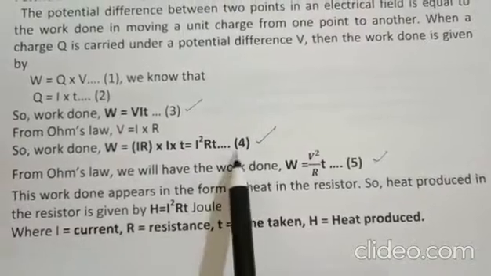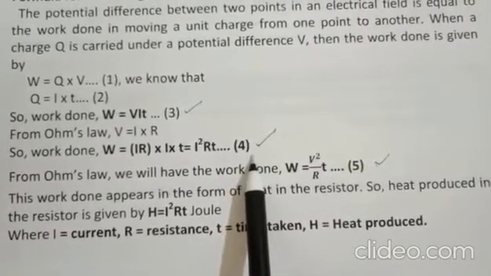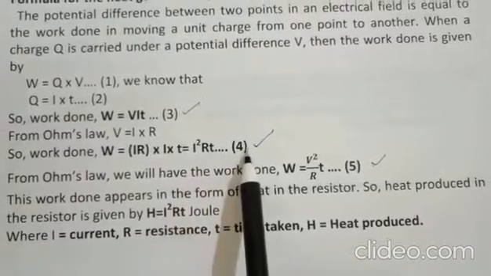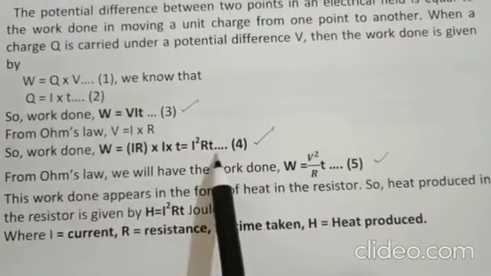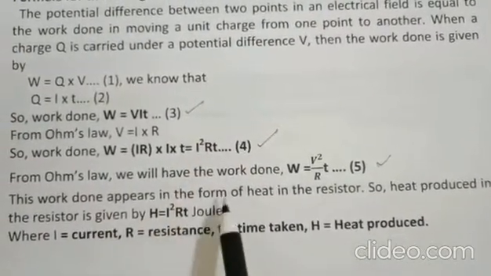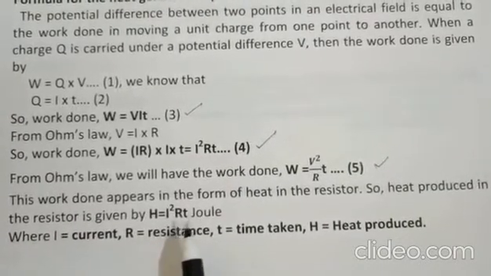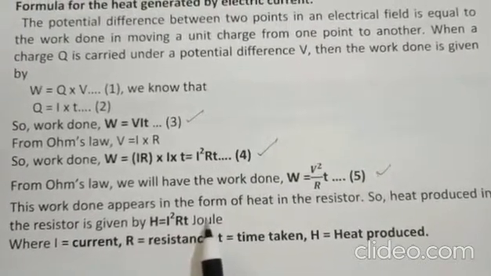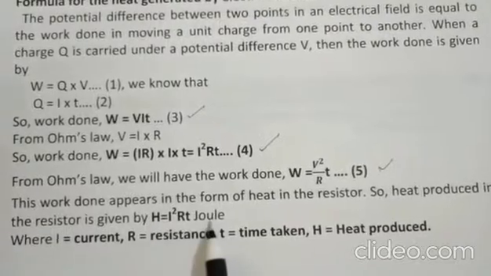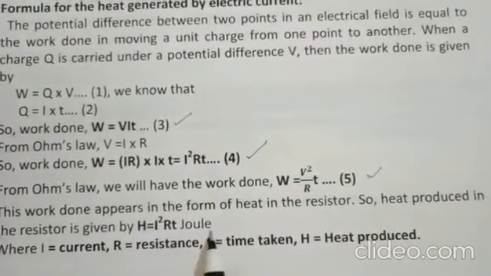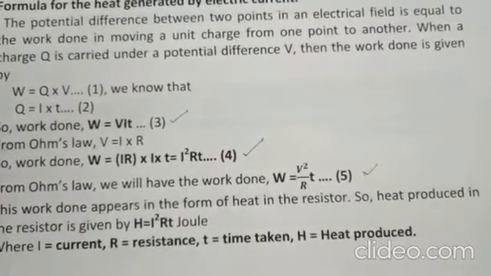If you look at the equation number 4, in that we have written W is equal to I square RT, but this work is producing heat, so we will write down the formula H is equal to I square RT. So ultimately this is the formula which is known as Joule's heating effect. This topic will be taken up in the next class of mine.